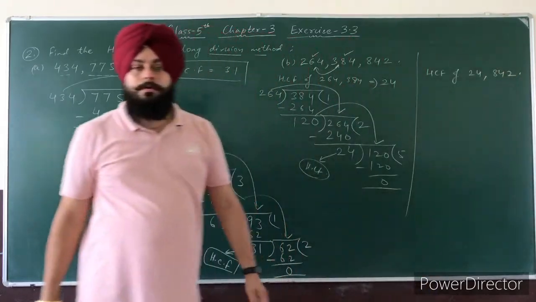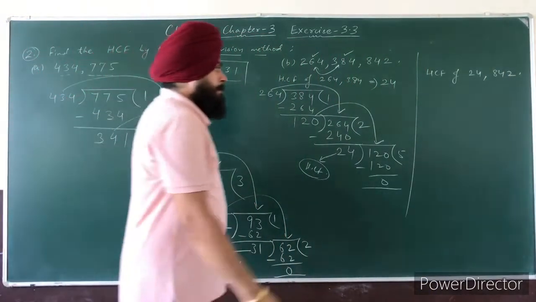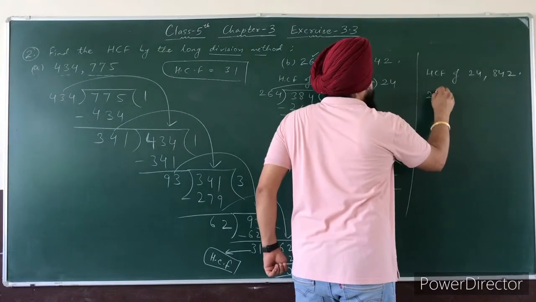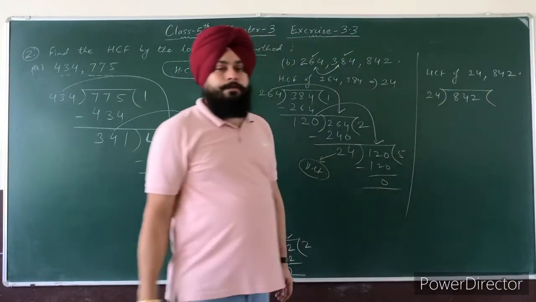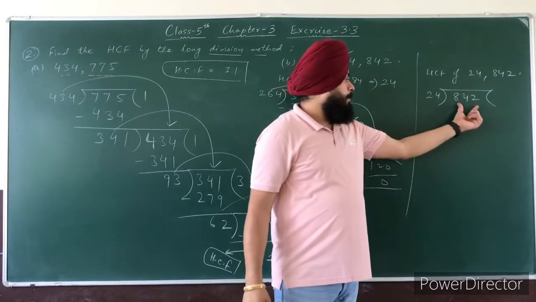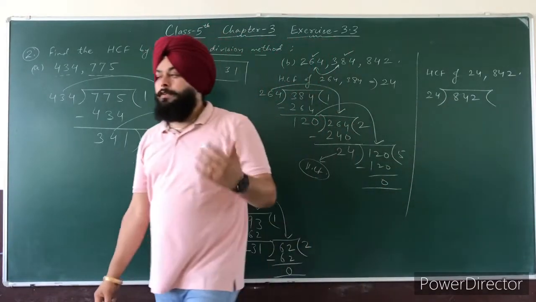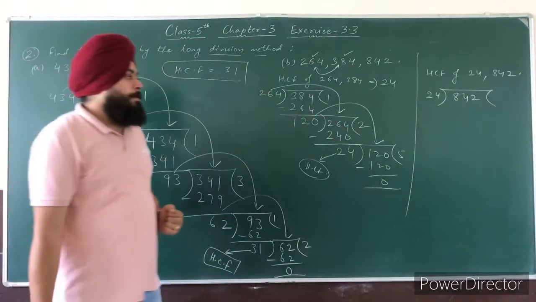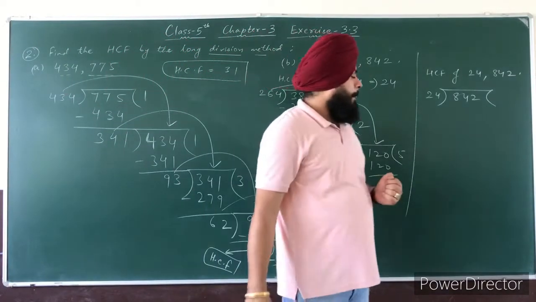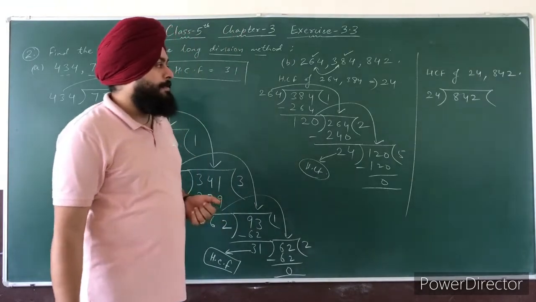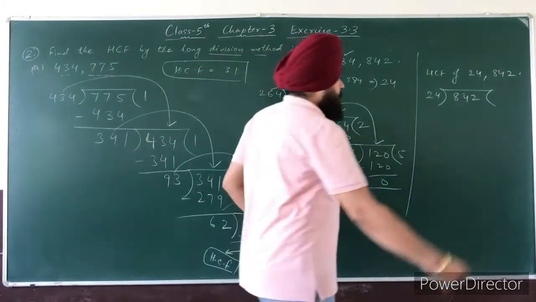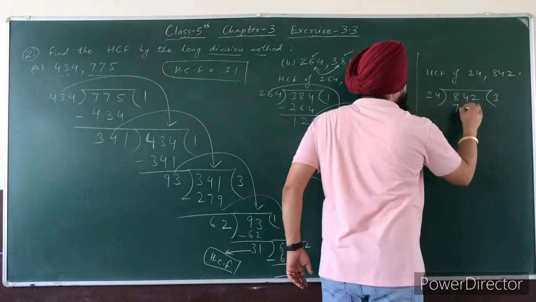So again solve it by long division method. So 24, we will divide this 842 by 24 until you get remainder 0. So 24 ones are 24, 24 twos are 48, 24 threes are 72.